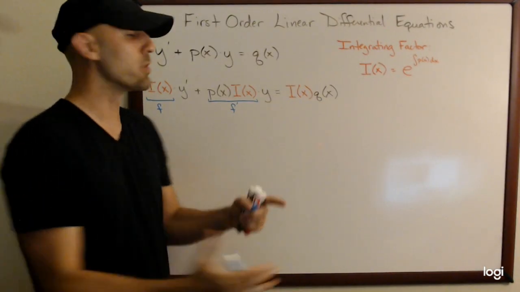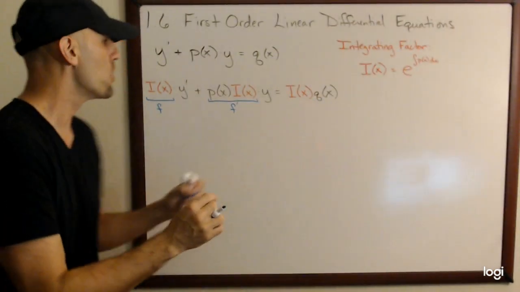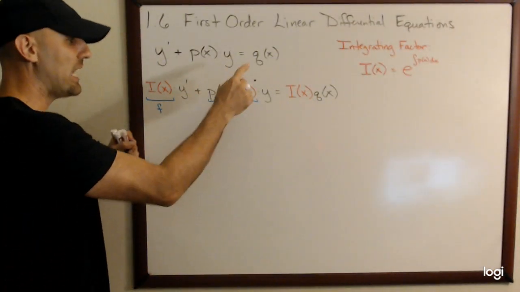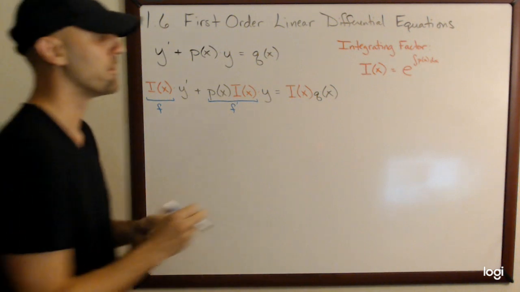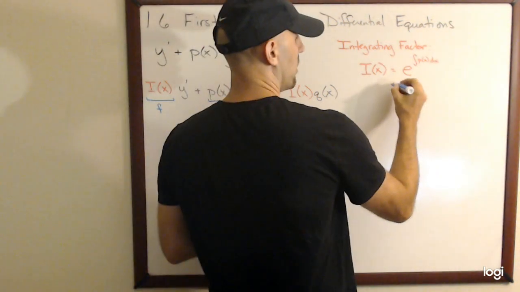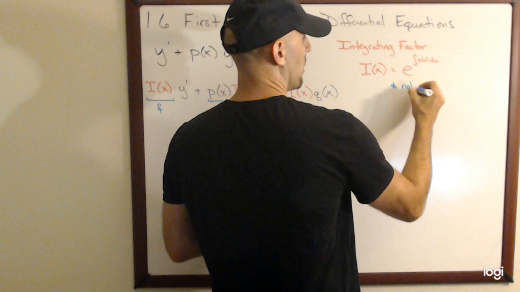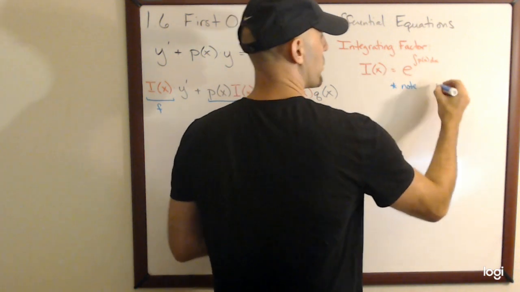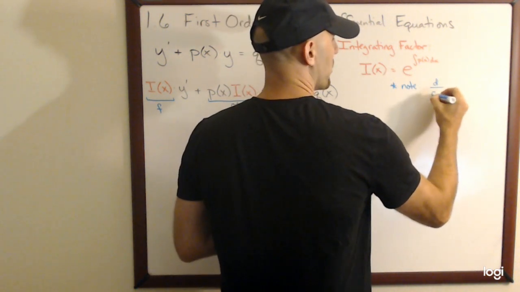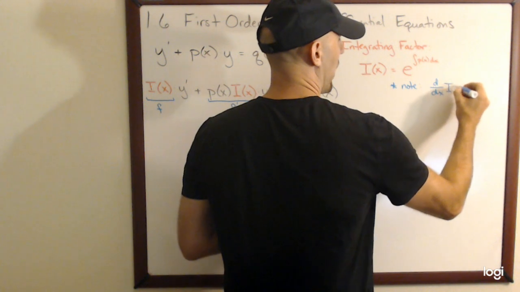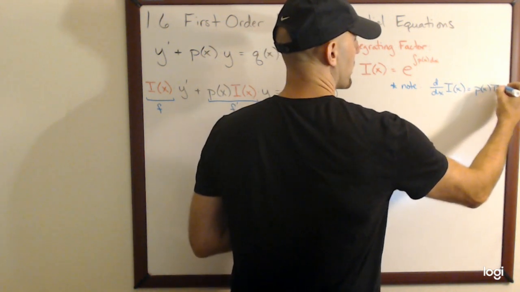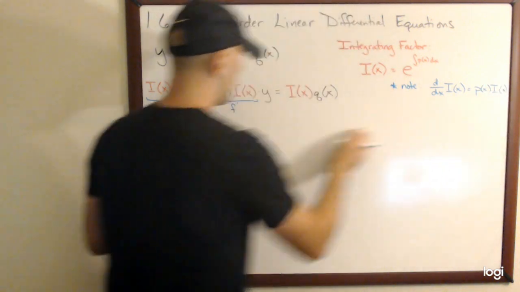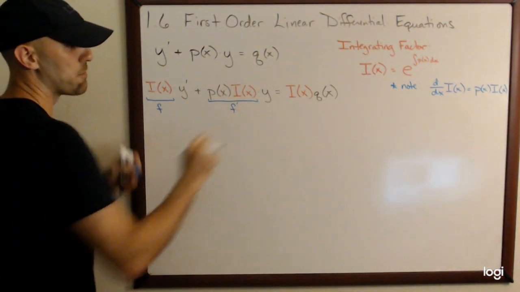I of x was constructed in this way so that the derivative of I of x is p of x times I of x, right? Yeah? So over here, we note that because of this construction, the derivative of I of x is p of x times I of x. So if this is f, that's f prime.